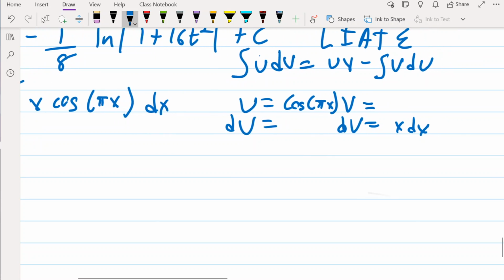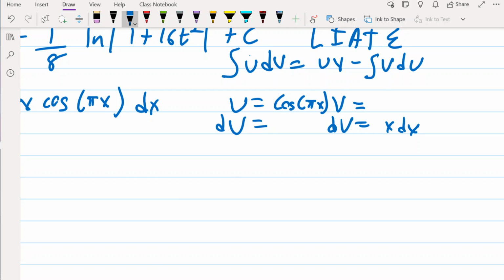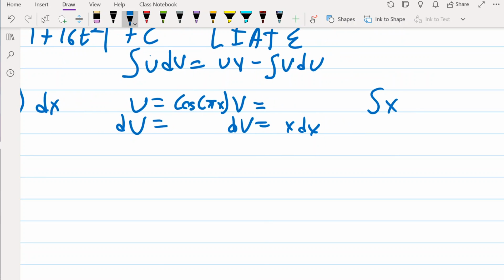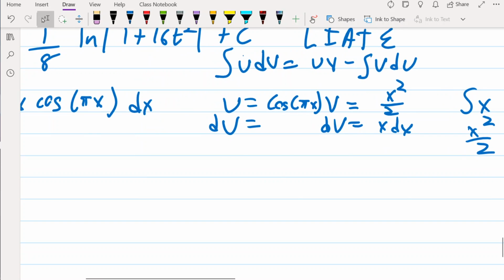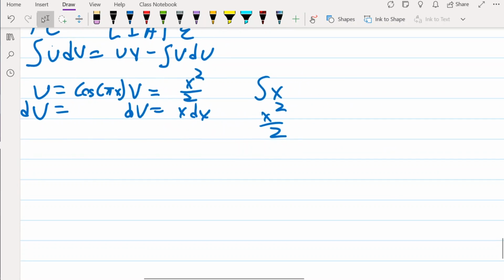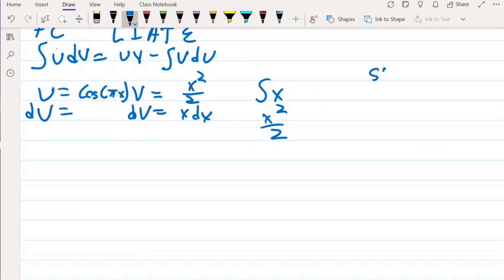So we will integrate that real quick. The integral of x will be x squared over 2. And then we want to take the derivative of cosine of pi x.